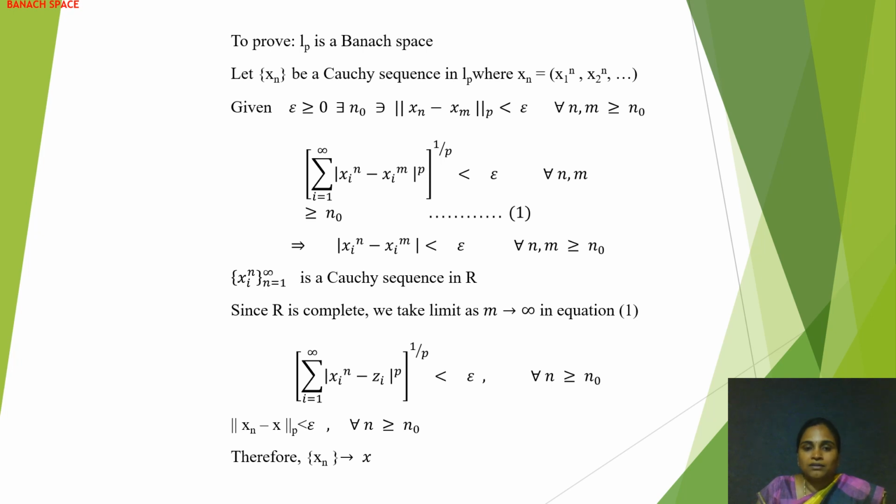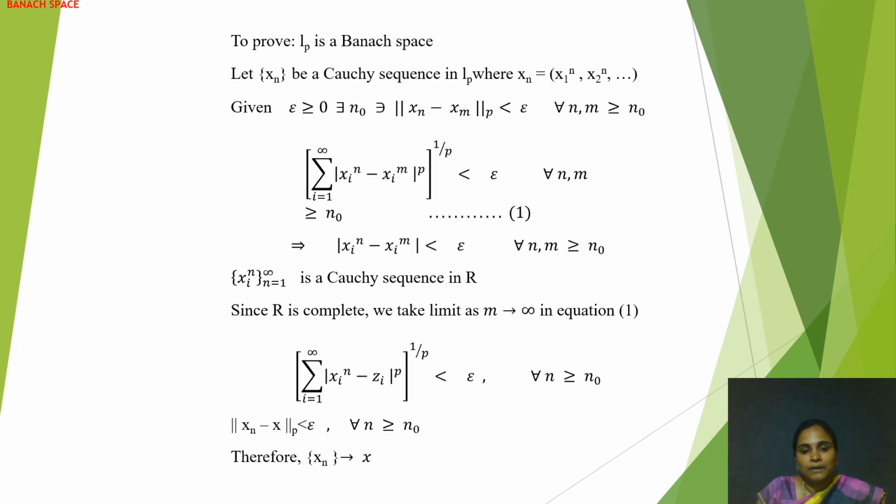So from the given definition, norm of x_n minus x_m can be written as the sum over i from 1 to infinity of modulus of x_i power n minus x_i power m to the power of p, whole to the power 1 by p, which is less than epsilon. Which implies that modulus of x_i power n minus x_i power m is less than epsilon for every n, m greater than or equal to n naught.